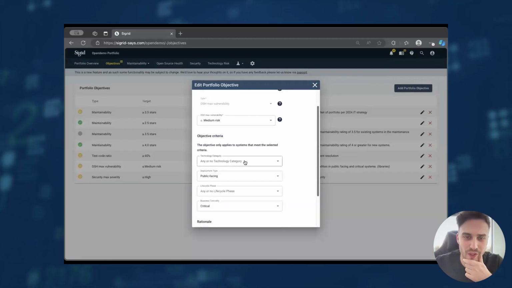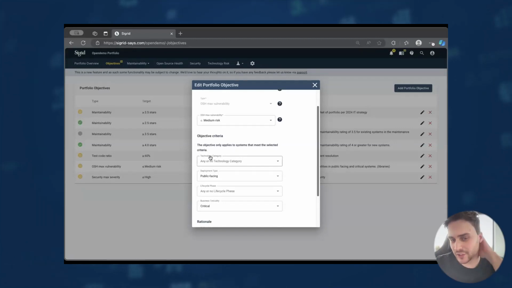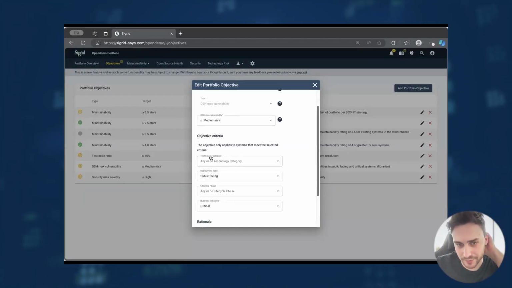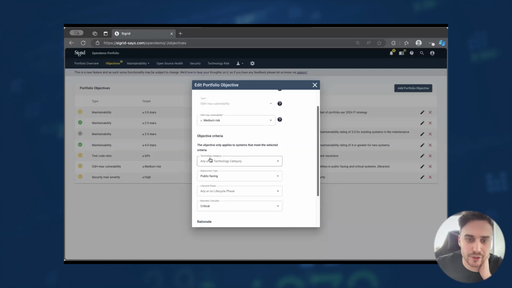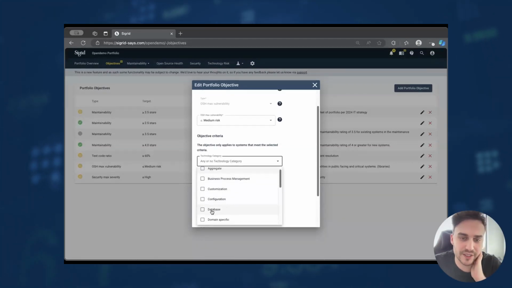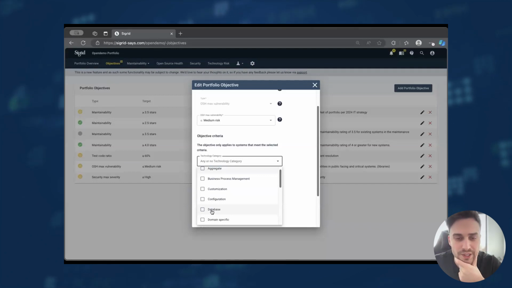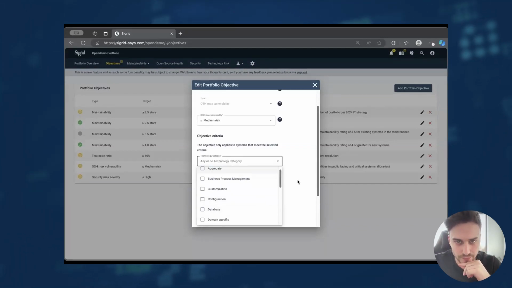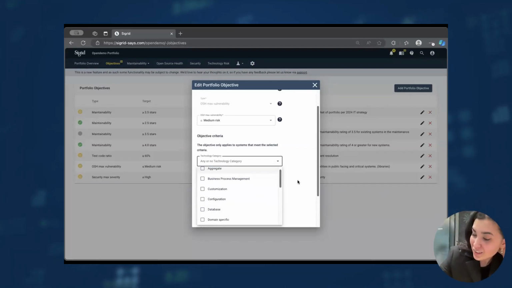Yes. Well, technology category is something that is filled in automatically. That is not based on the metadata that you can set. If it's, for example, PL SQL, it will be marked as database automatically. That's a very good question.